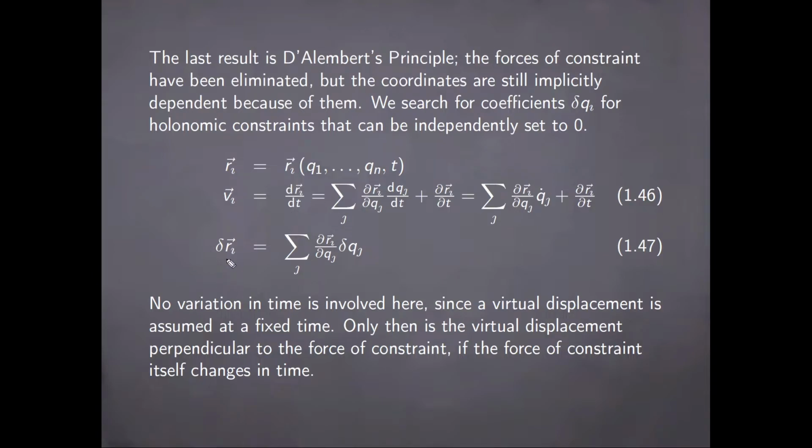As for the virtual displacement itself, when we expand it in generalized coordinates, we do not need to involve any kind of derivative with respect to time, since the virtual displacement is assumed to take place at a fixed time. Only then is the virtual displacement perpendicular to the force of constraint if the force of constraint itself changes in time.